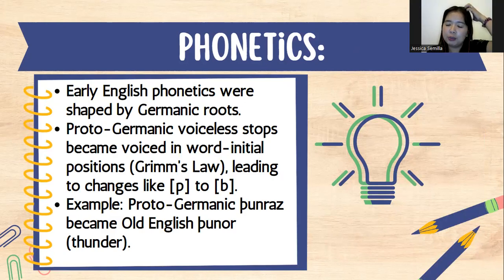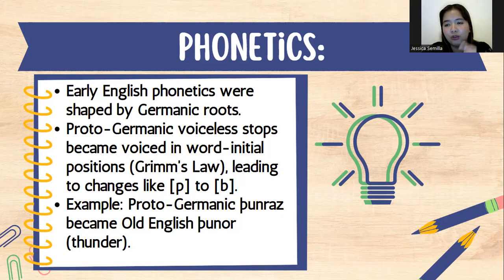So here for the pre-Old English, early English phonetics were shaped by Germanic roots. Specifically, Proto-Germanic voiceless stops became voiced in word-initial position. What do you mean by voiceless? Voiceless means there is no vibration of the sound. If you go back to your discussion in speech and oral communication, voice and voiceless were discussed.